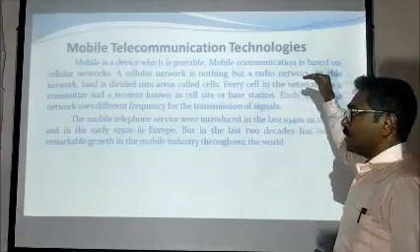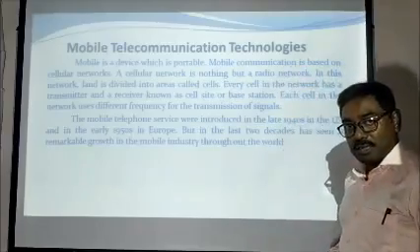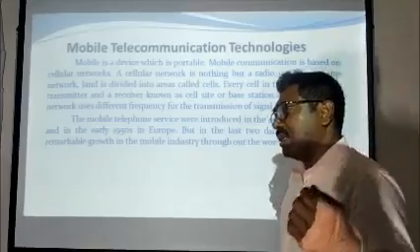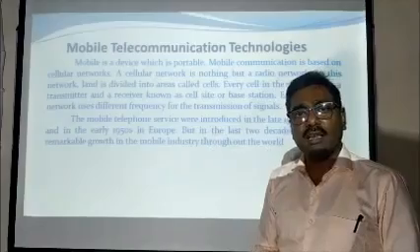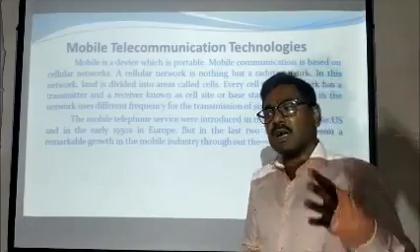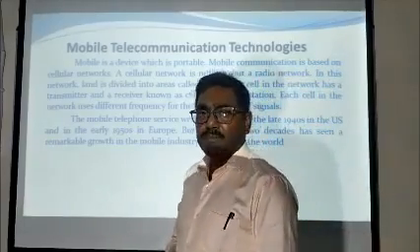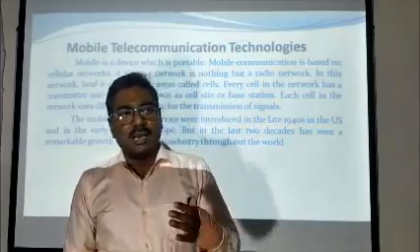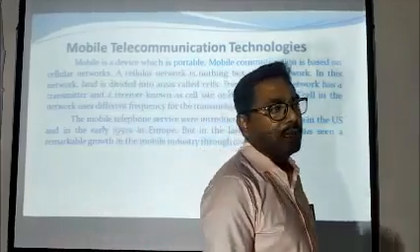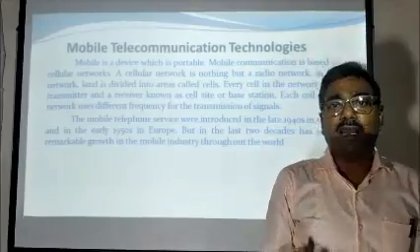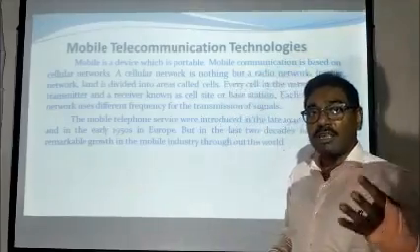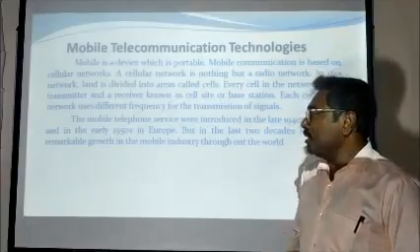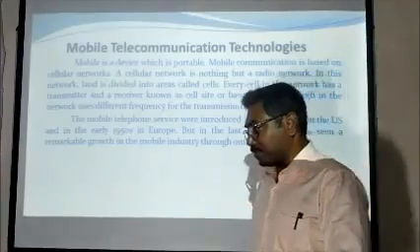It uses radio signals with different frequencies. Basically, the mobile network started in the 1940s in the USA, and in the 1950s in the UK. But in the last 2 decades, mobile technology has been broadly used all over the world, and it is a common device we use.